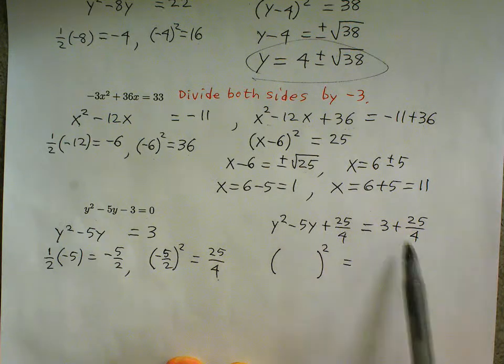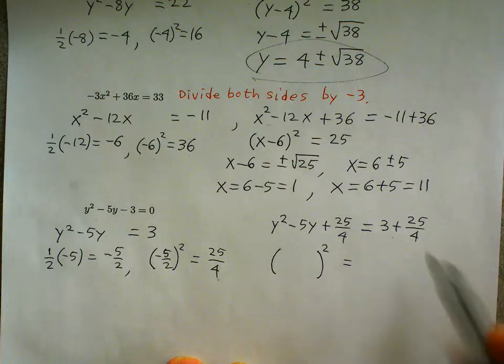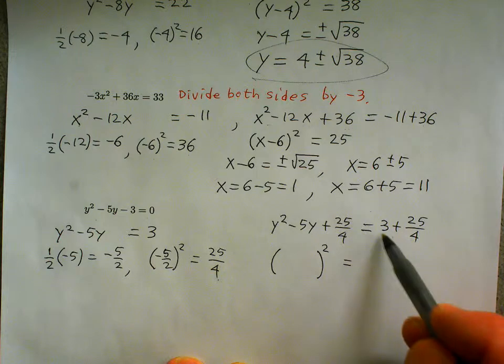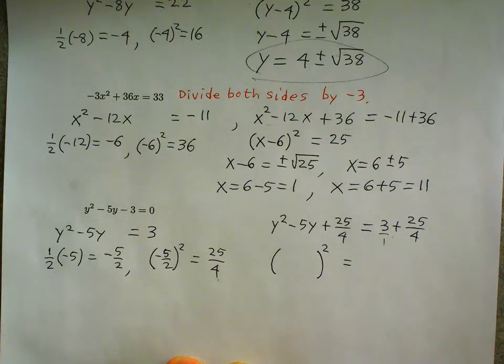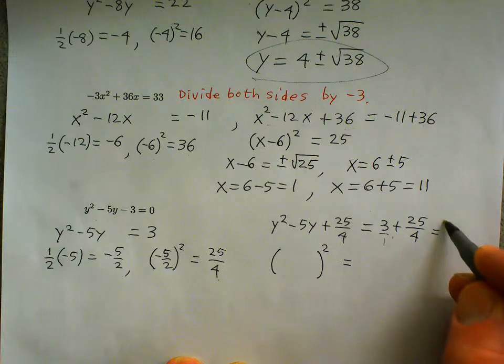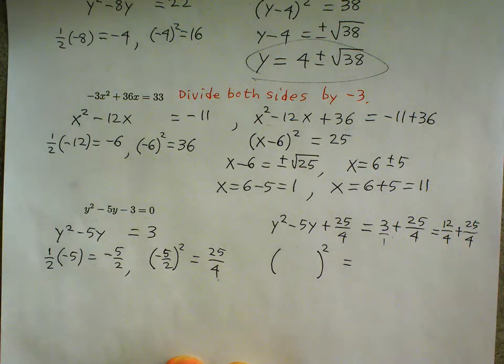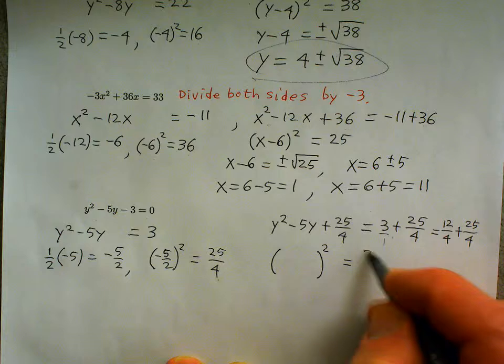On the right-hand side, we want a common denominator. So the least common denominator is 4. So 3/1 plus 25/4 is 12/4 plus 25/4. And that simplifies to 37/4.